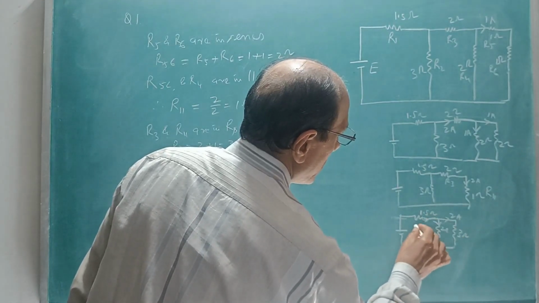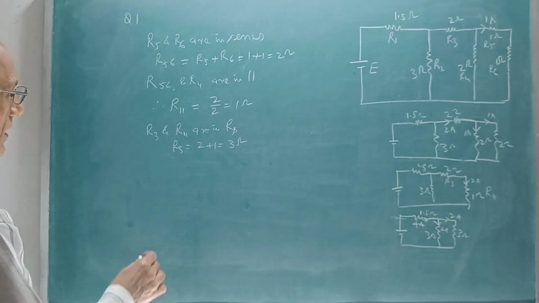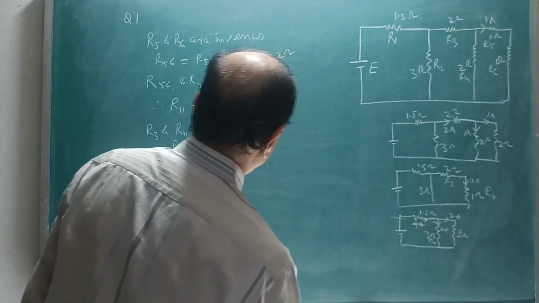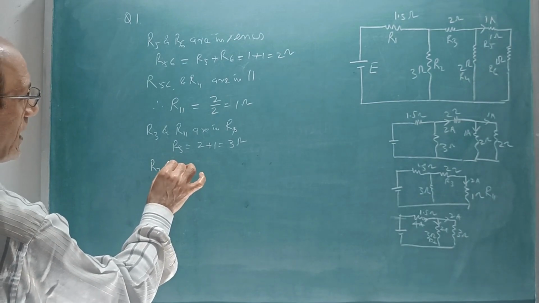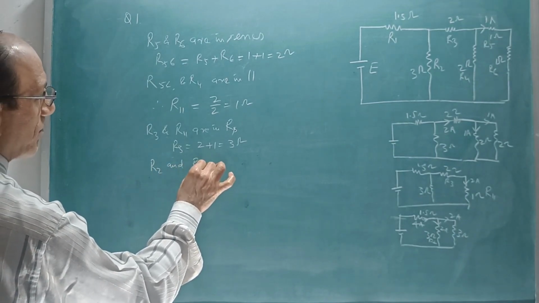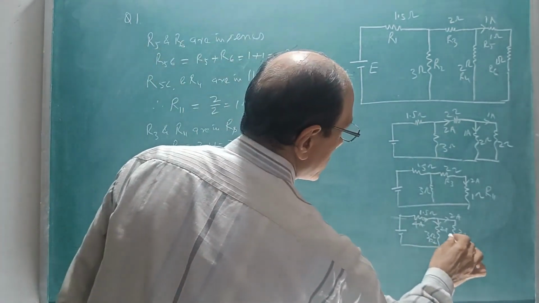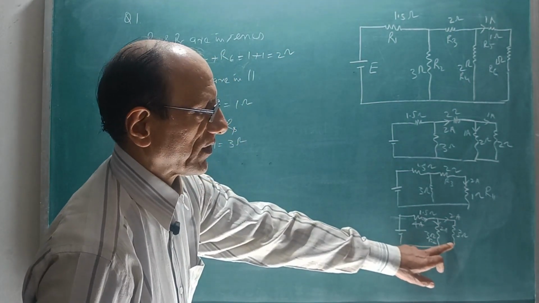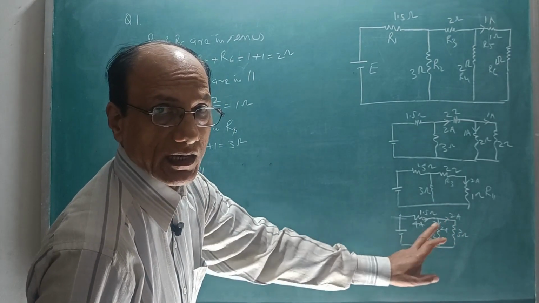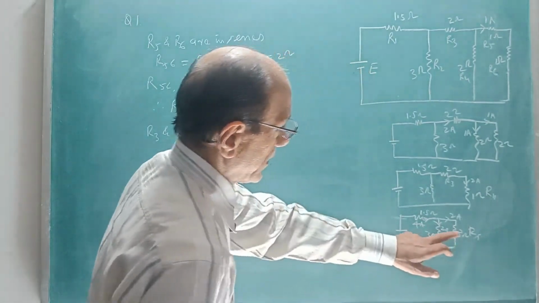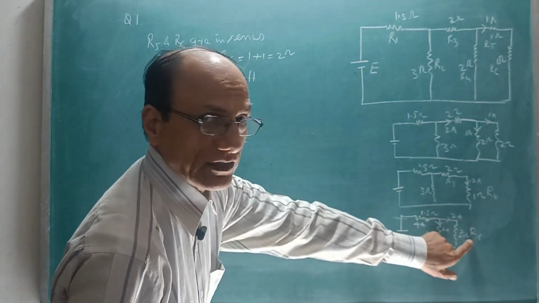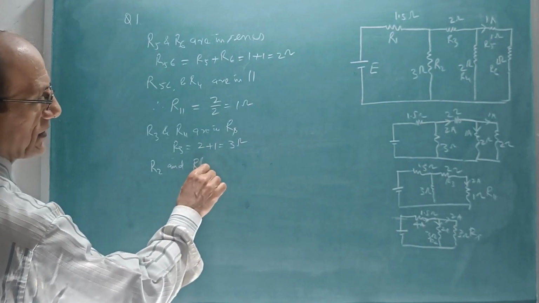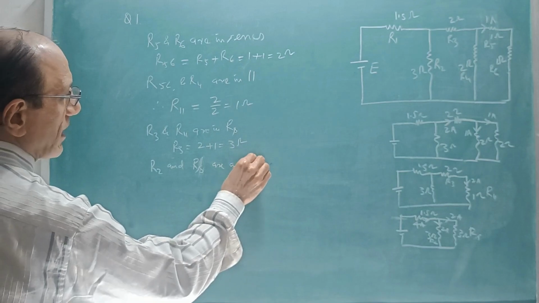So net current will be here 4 ampere. Now this is R2. R2 and this R series are in parallel.